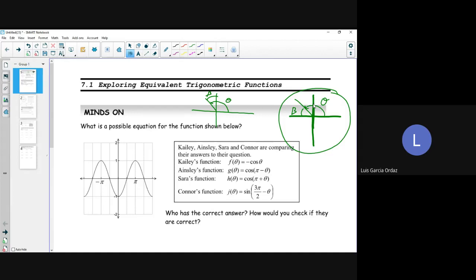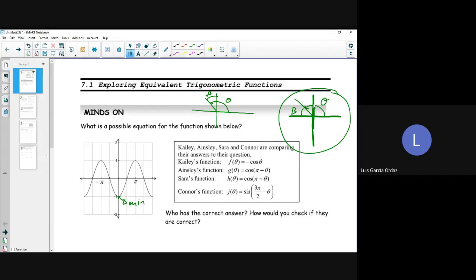So we have a first question. What is a possible equation for the function shown below? This is our graph. We start at the minimum. Kaylee, Ainsley, Sarah, and Connor are comparing their answers to the question. Kaylee's function is f of theta equals negative cos theta.